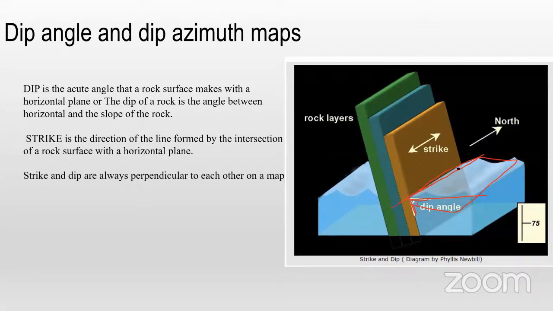And the direction of this intersect shows you the azimuth of the interval. They are very important for us because they show some sort of geologic feature.